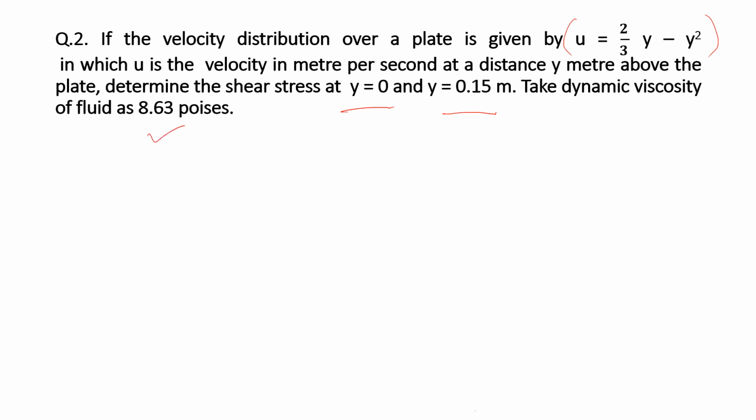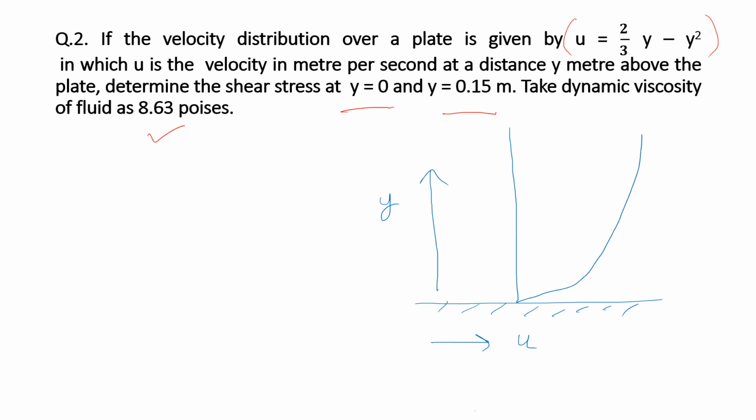Before solving this question, let's first understand velocity variation near a solid boundary. This is our solid boundary. In the x-axis I am denoting velocity. In the y-axis I am denoting the distance. This is our velocity profile. So suppose we are considering this fluid.